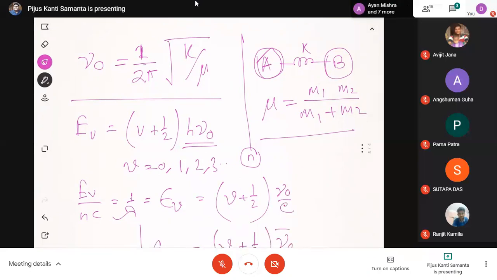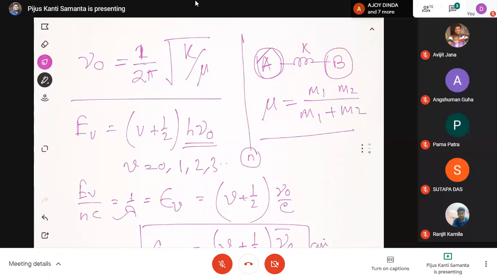So this is the general equation for the wave number for one-dimensional harmonic oscillator, and this is usually expressed in centimeter inverse. That is the common method we use. So this is usually expressed in centimeter inverse, right? This is centimeter inverse. Okay.